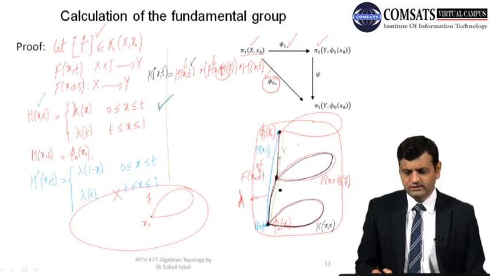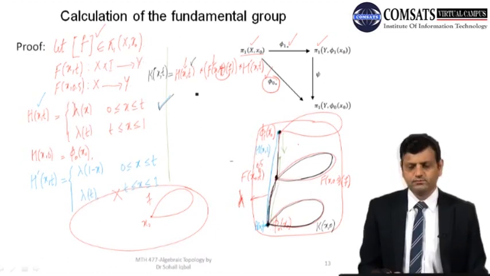So in other words, it is basically this loop at phi of x naught, starting from this, going in this direction and coming back, so it's a loop at phi naught of x naught. So in short, this k of x, t gives me a homotopy of loops based at phi naught.